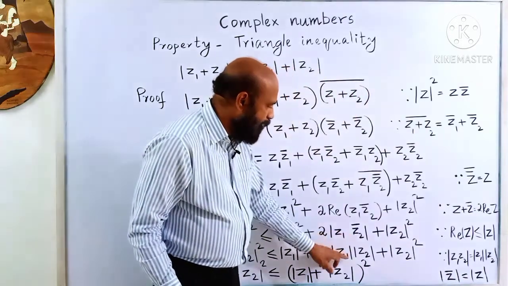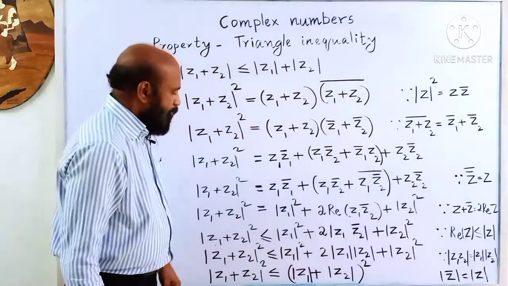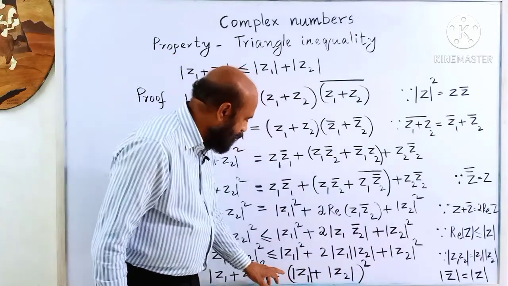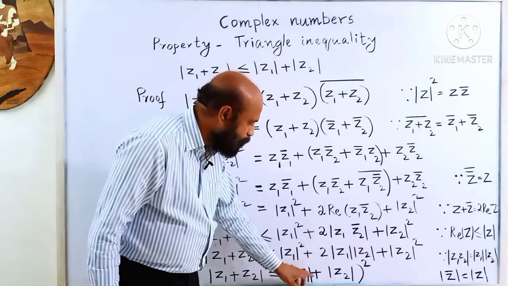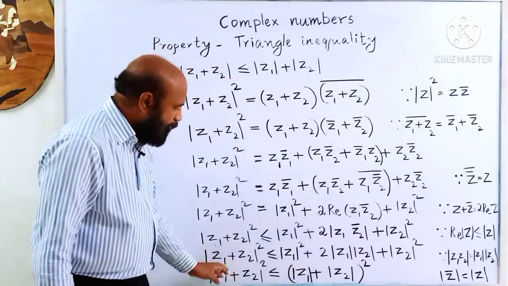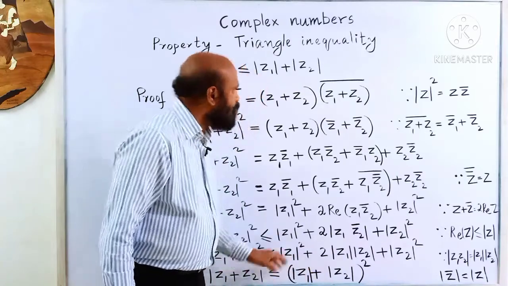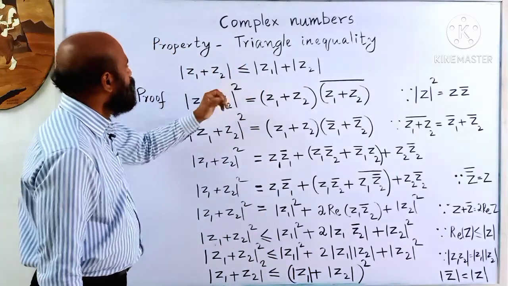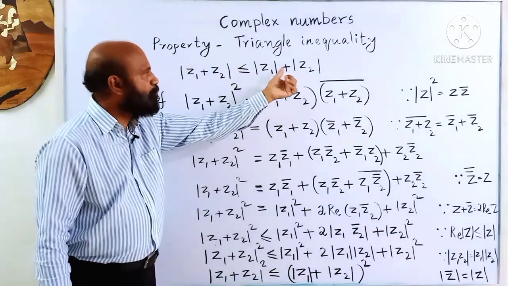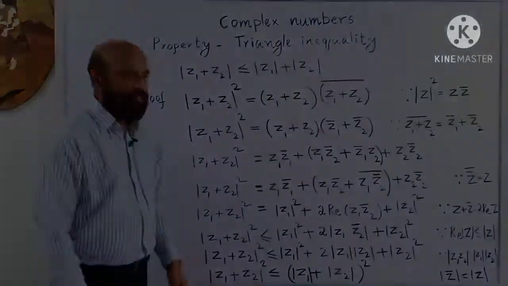So from this step you can write like this. Now this is of the form a square plus 2ab plus b square. So you can write modulus of Z1 plus modulus of Z2 all square. By taking square root on both sides, you can get to this relation. So modulus of Z1 plus Z2 is less than or equal to modulus of Z1 plus modulus of Z2.